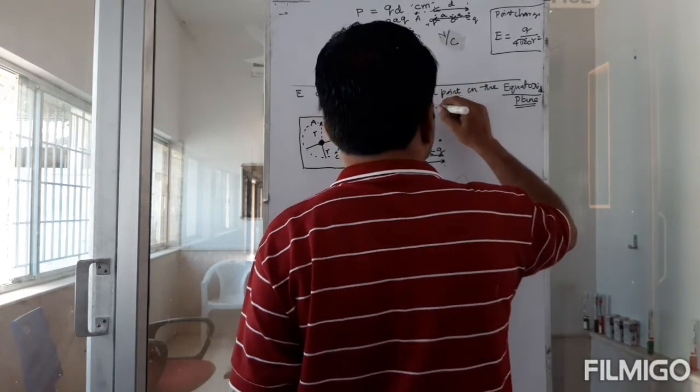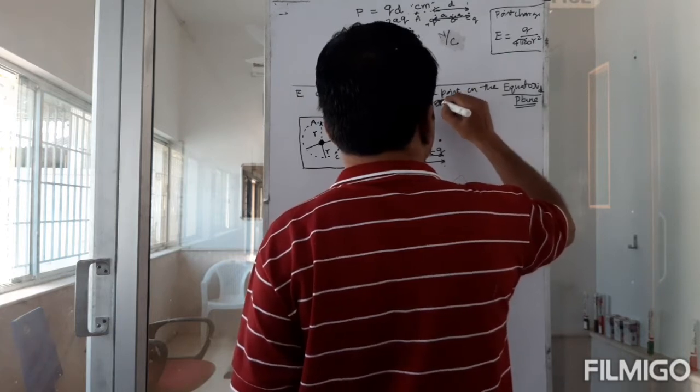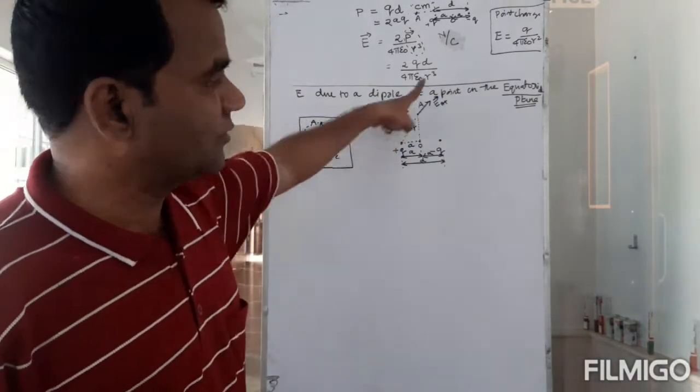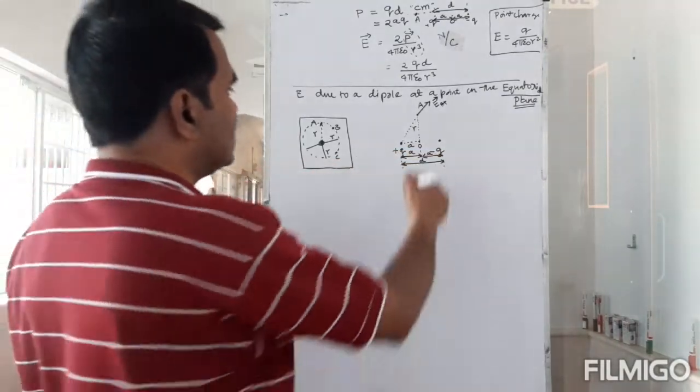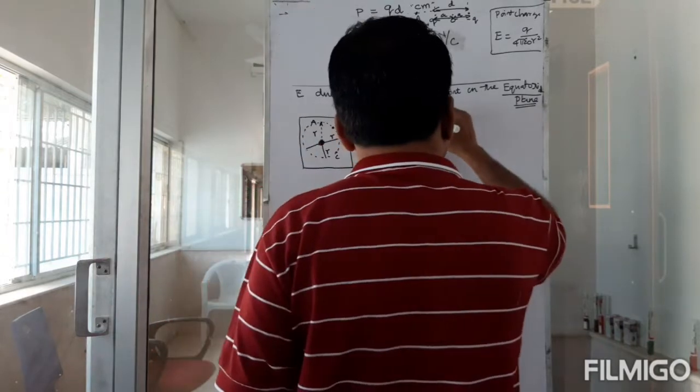So that is E A due to the positive charge. Then what will this do? This is going to attract, because this is negative and this is positive.